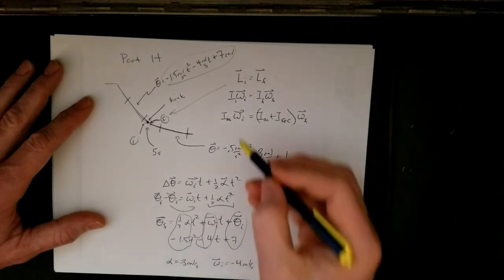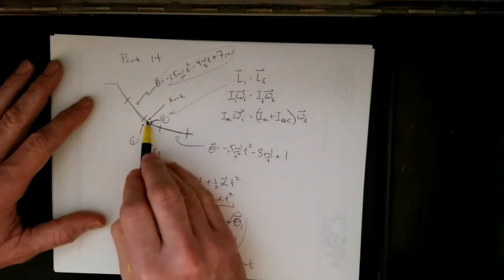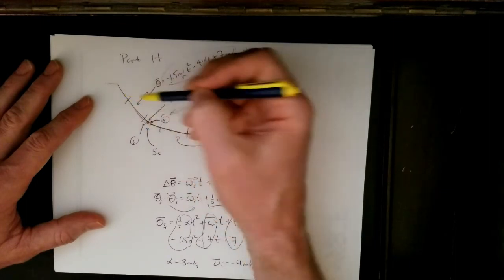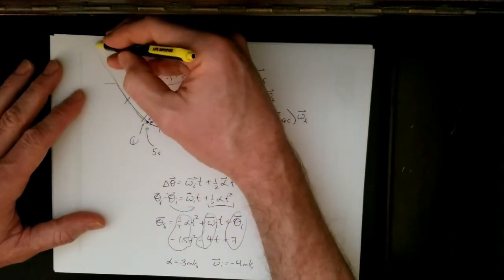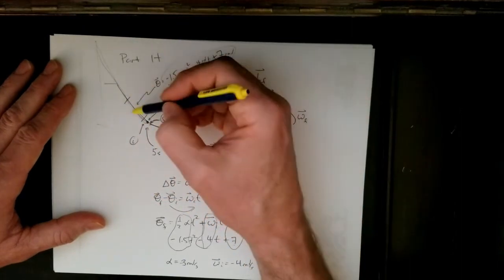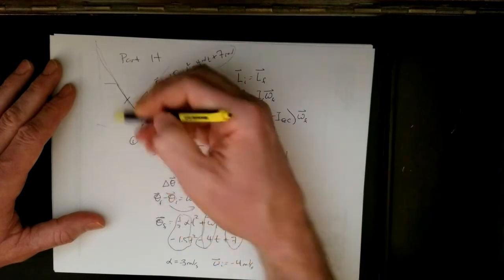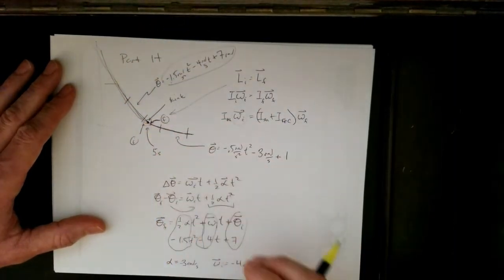So I'm trying to find this omega I, that is the omega just before the collision, which is actually not the same as this one right here. This omega here is the omega at the beginning of the, well, basically it maps it back onto the axis. This omega I here is the omega at the beginning of this mapping right here. It's not the omega at this point right here.